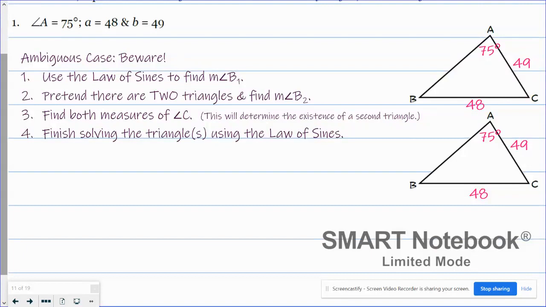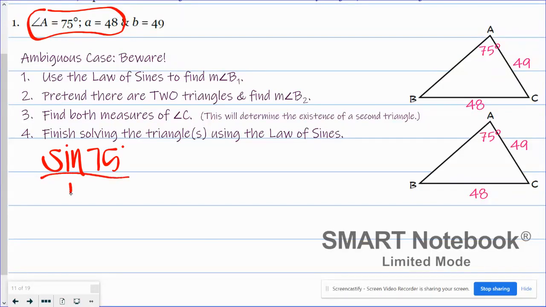So that's what I'm going to do because I've got my buddy system. I've got that like angle-side pair, like I know angle A and I know side a. So my buddy system ratio looks like this: sine of 75 degrees over 48 is equal to sine of angle B over 49.